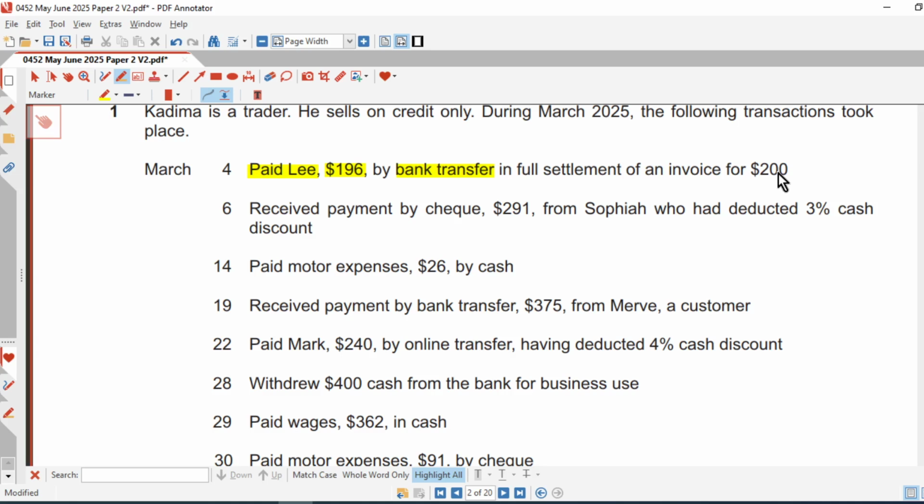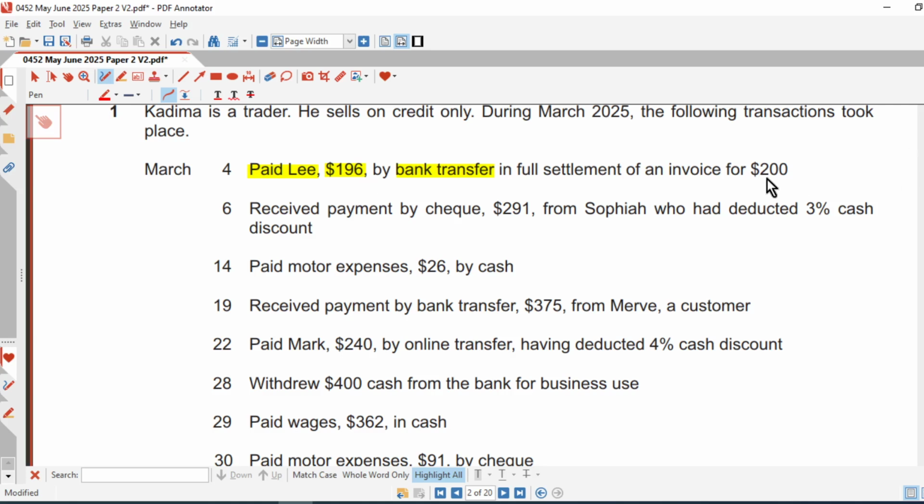Now, if you're familiar with cash book, you know what we have to do, right? We have to work out the discounts. Yes, those of you who said discounts, you're correct. I throw you a virtual chocolate, but I don't know how I'm going to do that. Okay, virtual chocolate for you. So 196, that was what we paid. This went out of our bank.